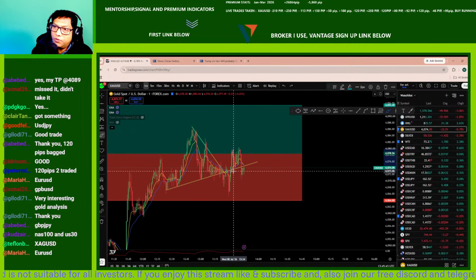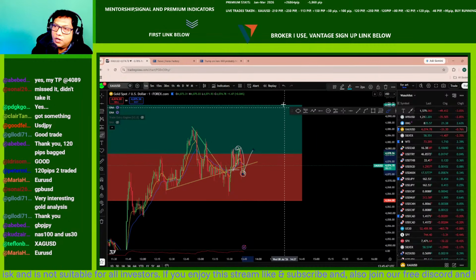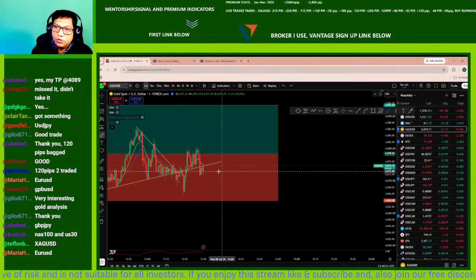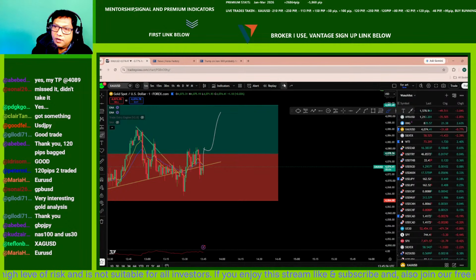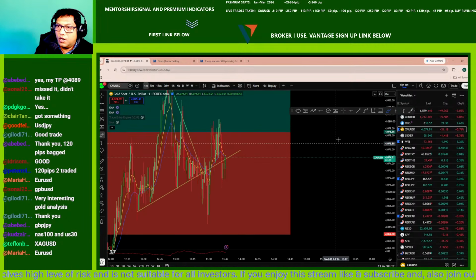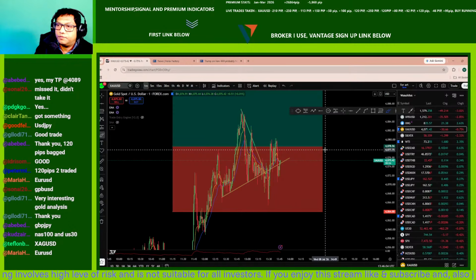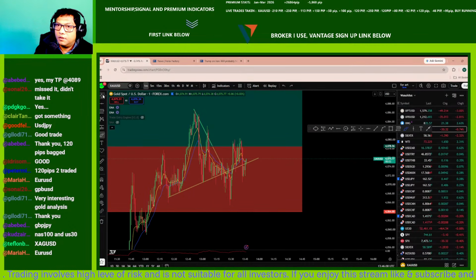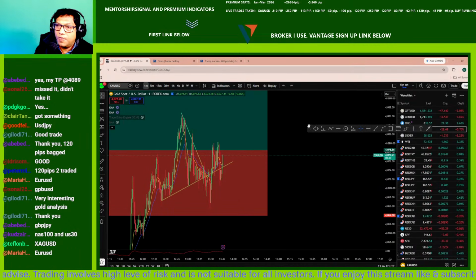If you look at the previous drop here and then it went up, created a higher high, again dropped back below and dropped back again here. So once the market manages to break out again, we can expect a new higher high here. But we need to see that it's successfully going up to create a new higher high. I think the market might be going up to create a new higher high.